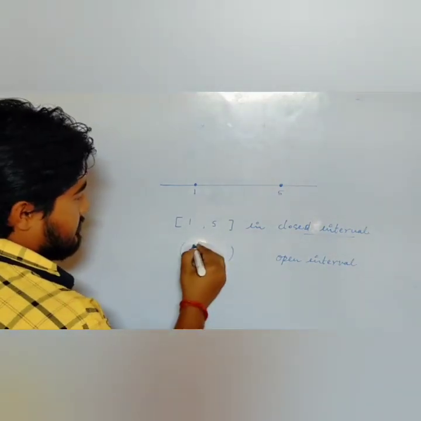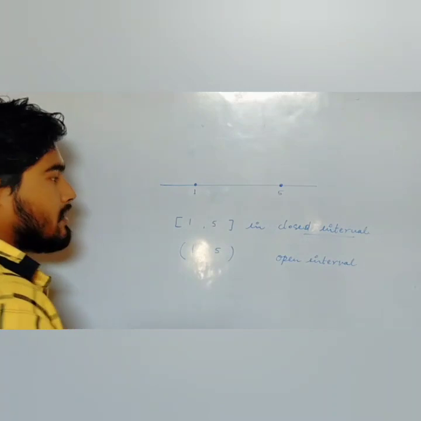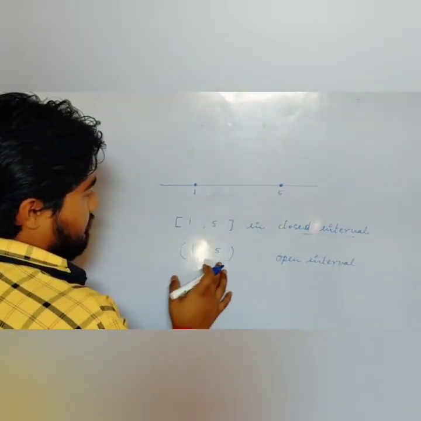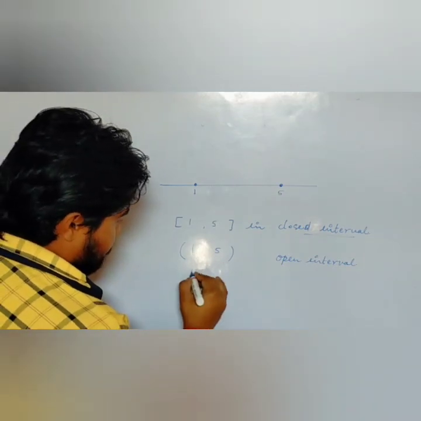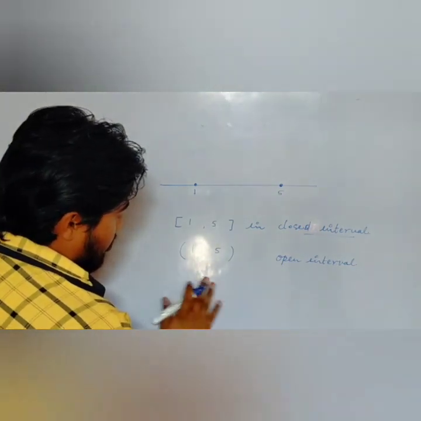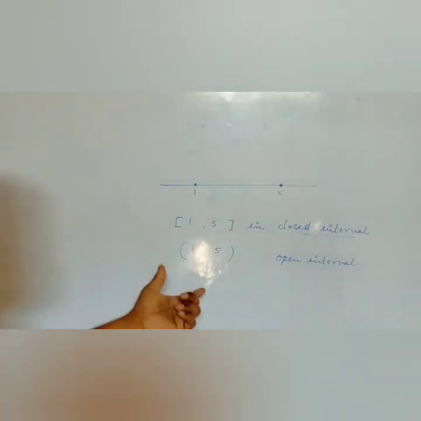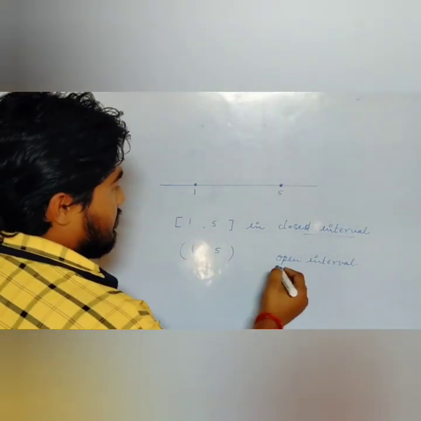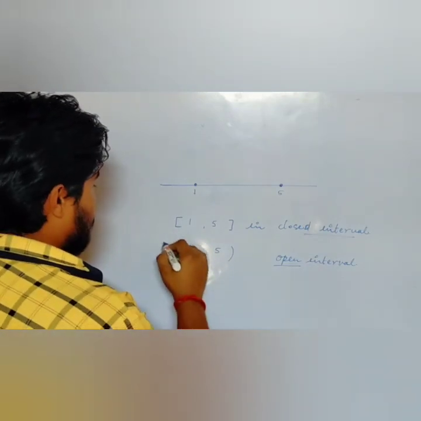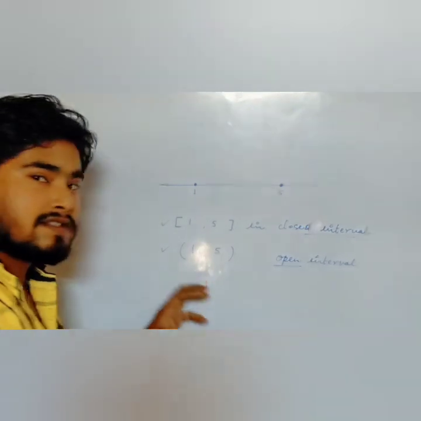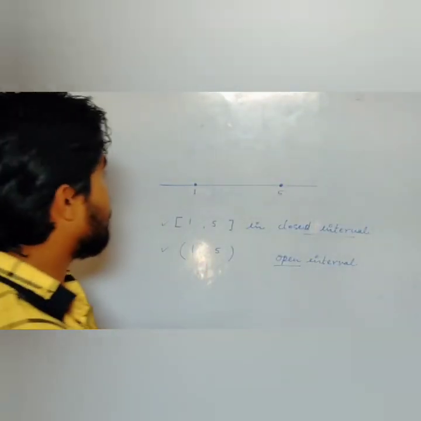We can see this, and we can say 1 and 5, we do not take them. 1 और 5 के बीच में जो लिया गया एलिमेंट होगा वो आपका इंटरवल काम करेगा ओपन इंटरवल. So this is the closed interval and the open interval. This is the big difference between them.